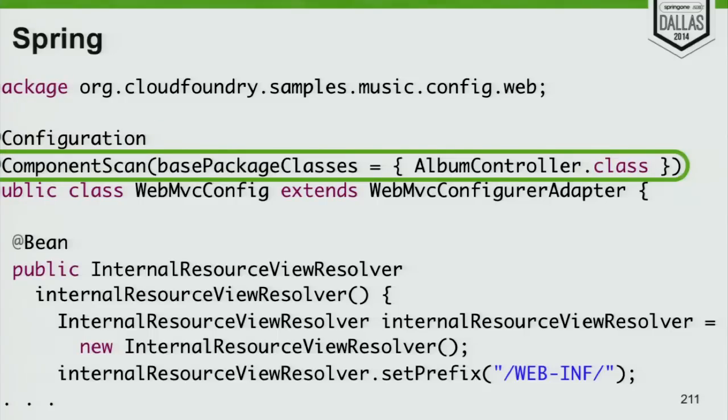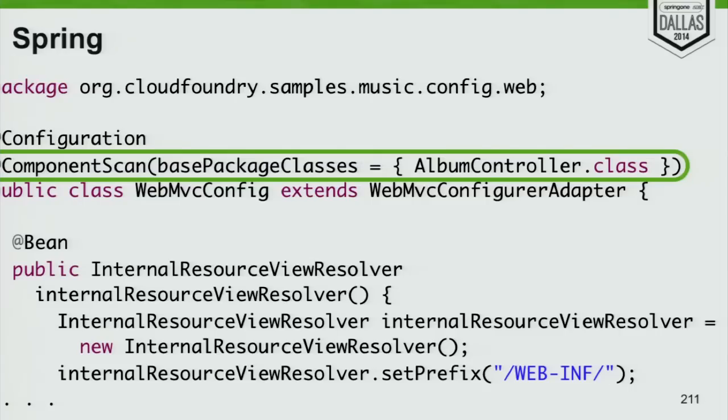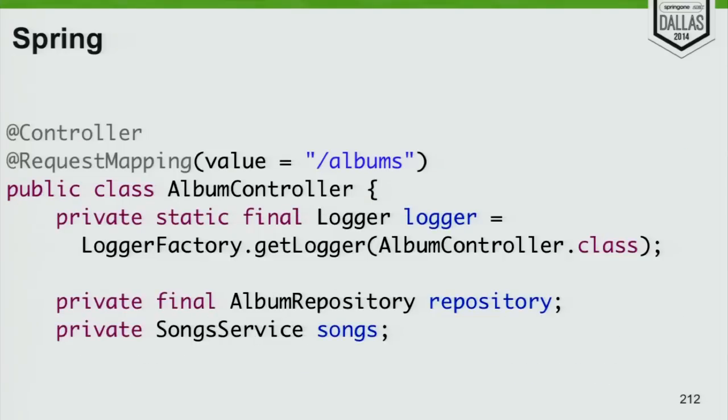It takes in either a set of classes or a set of packages to scan for other components. How many people have used component scan? Is that pretty common? Okay. So an album controller, which is all we're looking at here. We have the controller annotation. So it'll pick that up and register album controller as a controller with the application context.